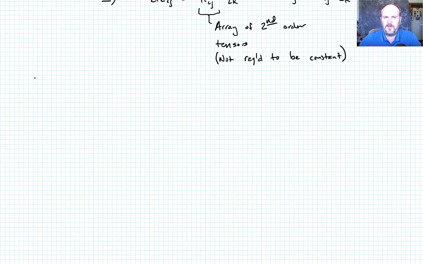Alternatively, we could think of the plastic strain increment as simply a function of the stress, the internal state vector q, and then whatever the increment in stress is.